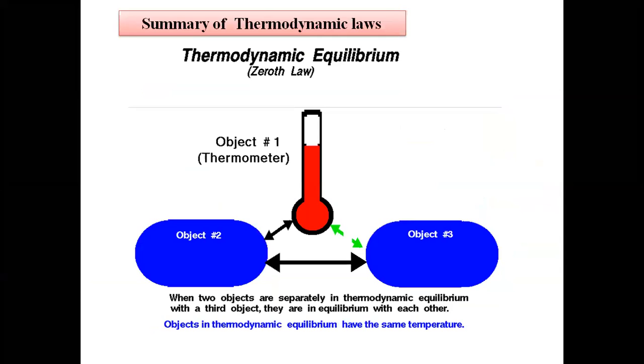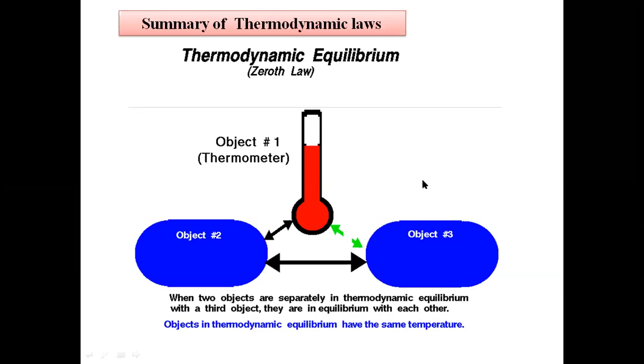The zeroth law of thermodynamics states that when we have two objects, object 1 and object 2, that are separately in thermodynamic equilibrium with a third object, they are in equilibrium with each other.